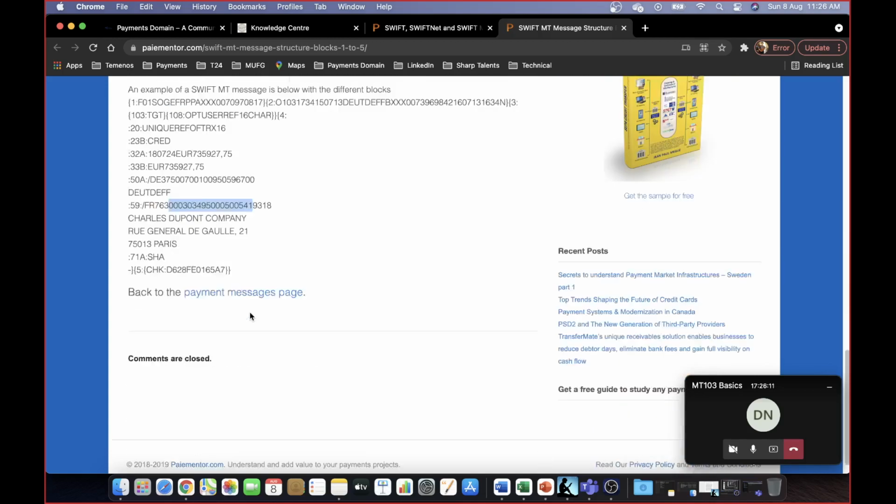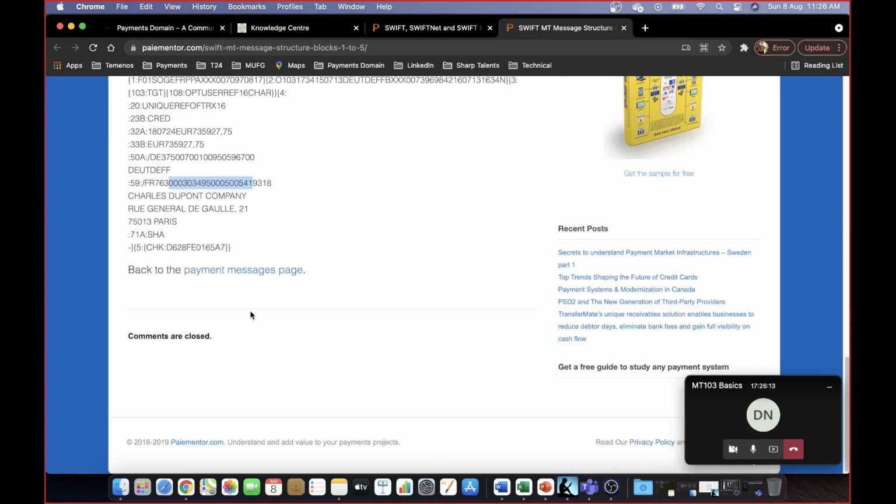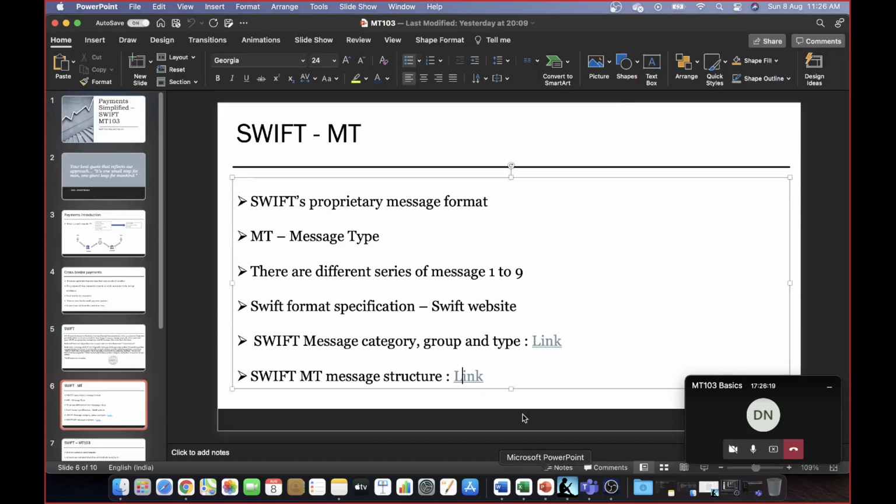We will get into the mandatory and non-mandatory optional fields of SWIFT MT103 a little later. But this is generally the structure of a MT103 message.